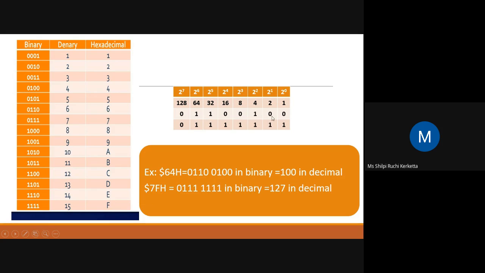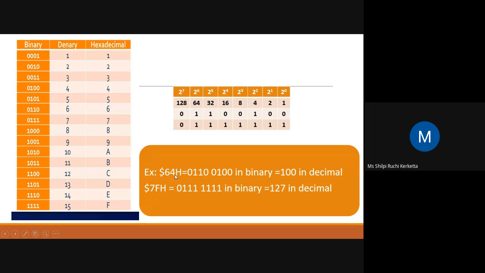So wherever we are having a 1, we will add those numbers. Okay. So we will add 64 plus 32 plus 4. So what is 64 plus 32? 96. Good. Plus 4. 100. So what is the value we are getting? Decimal value 100. Okay.